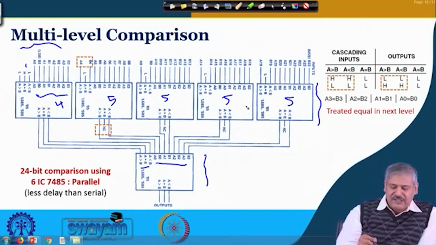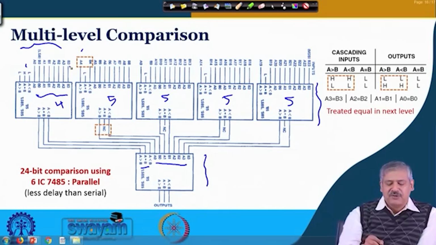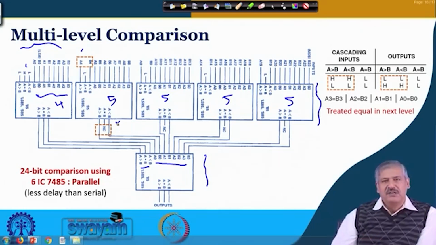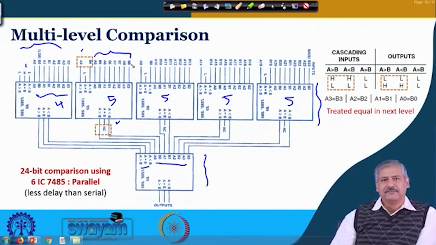In the first place, you place A4 B4 here, and if A4 is greater than B4, then it is fine, it is A greater than B, and the corresponding output will be generated. Otherwise, if B4 is more than A4, then A less than B will be generated, if the other bits remain the same, because this is of lower significance compared to the others.